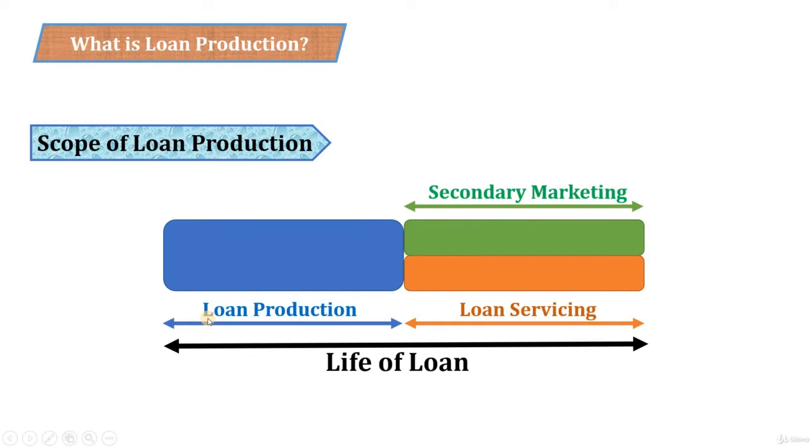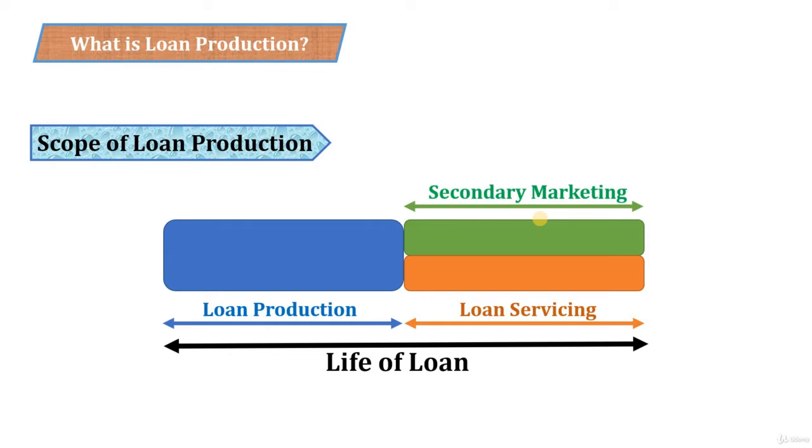As you see in this diagram, the total scope is loan production, loan servicing and the secondary markets. Loan production is part of the entire life of the loan. Loan servicing and secondary marketing are two activities which happen in parallel, but loan production does not happen in parallel with any other process.